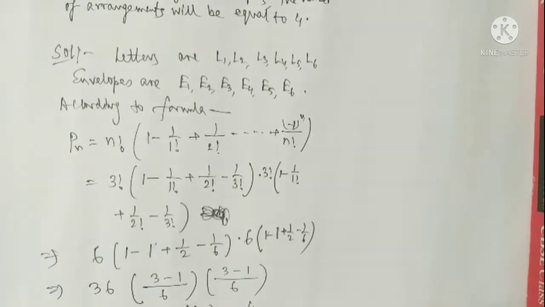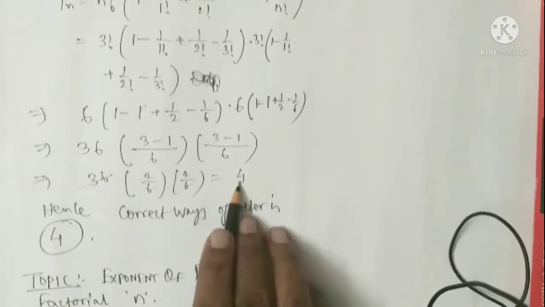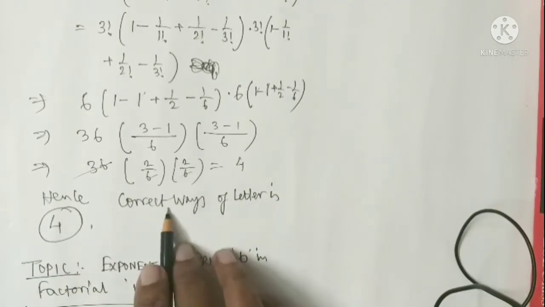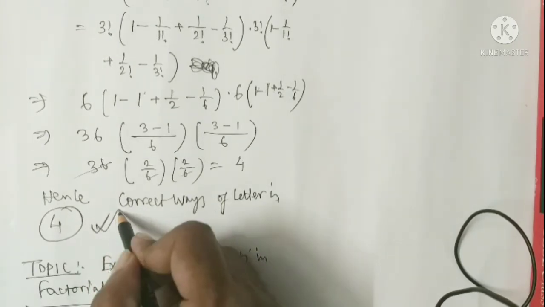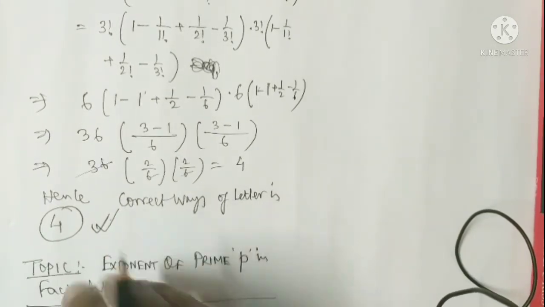After calculation of these parts, we get 4. The correct number of ways is 4 here. This is the proof, the application of that formula.